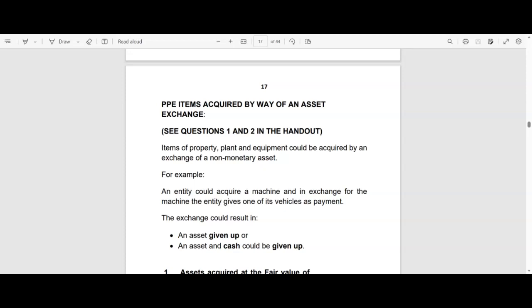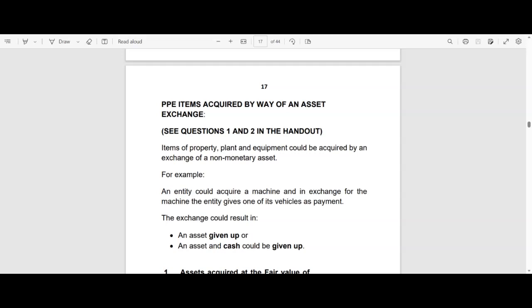Now, if that journal entry does not balance, if your debits are not adding up to the same figure as your credits, it means you have made either a profit or a loss on this exchange of assets. So the fourth step, I hope that one is now also clear, is simply to balance your journal entry.